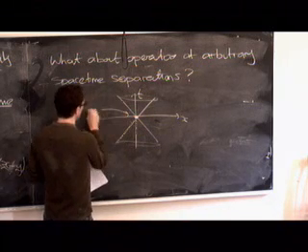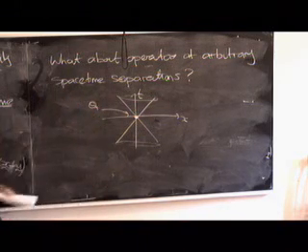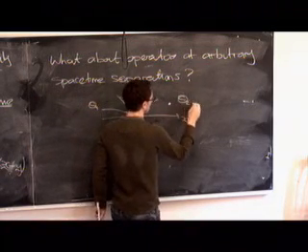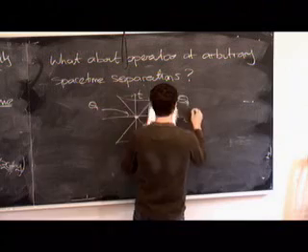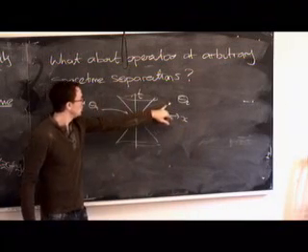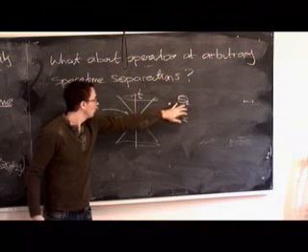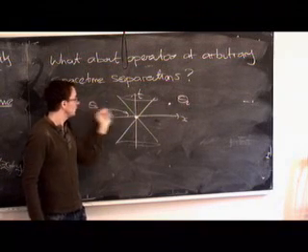Let's suppose there's some operator O1 asserted here, and some other operator O2, which we're going to take outside the light cone. And we want to know what's the commutation relationship between O1 and O2.